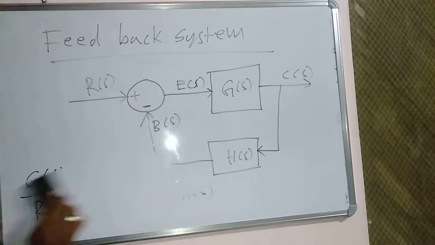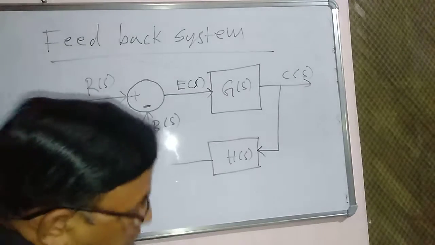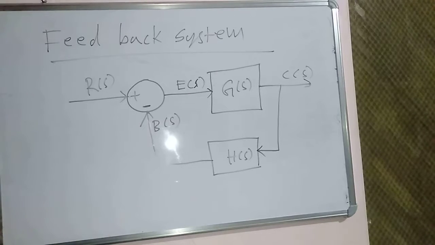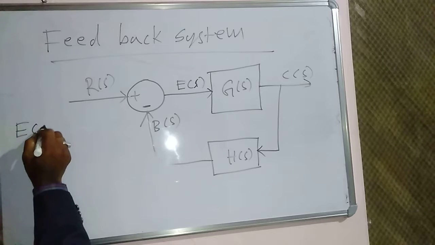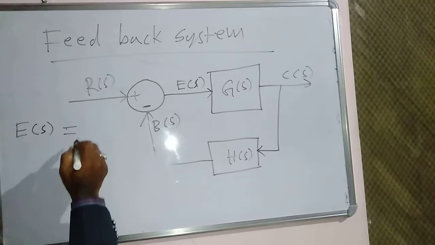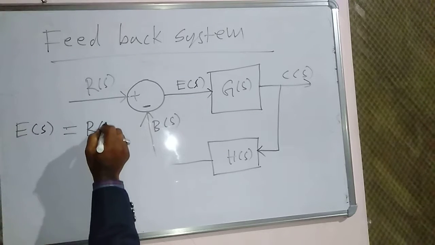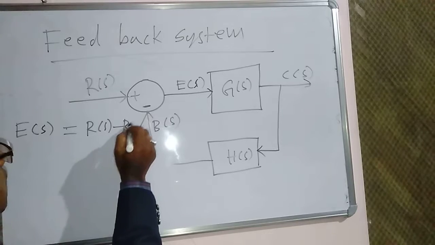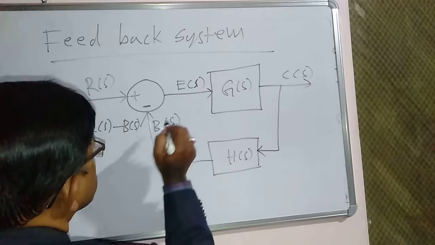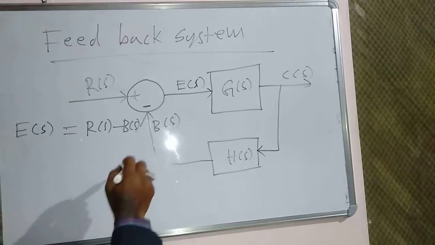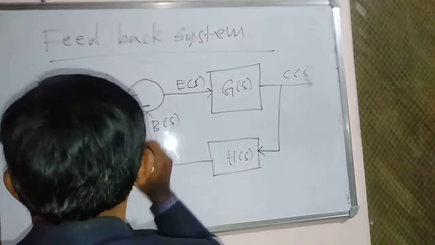So let us find the transfer function. Here E(S) is equal to R(S) minus B(S). That is the error signal.